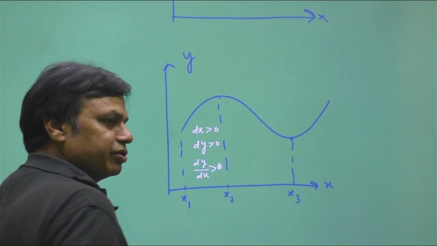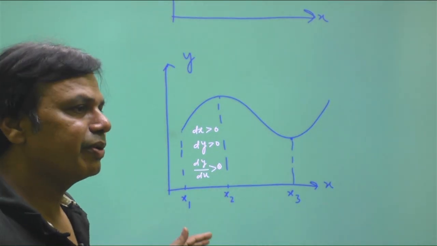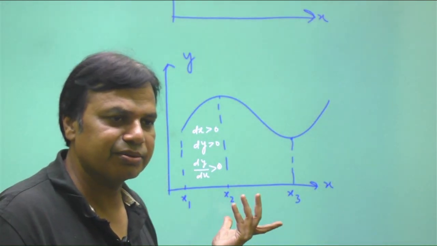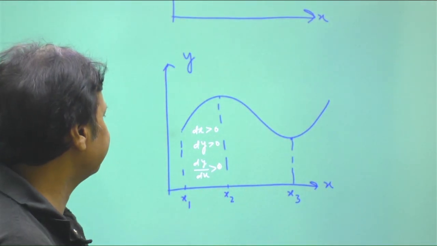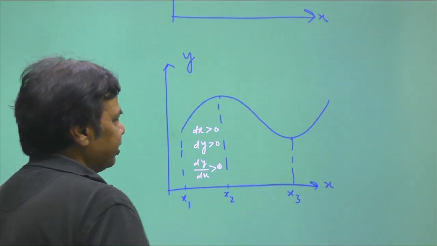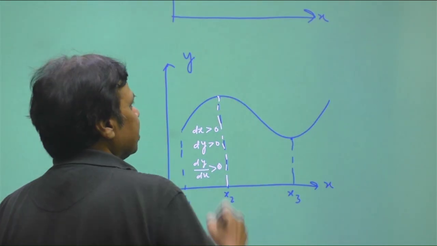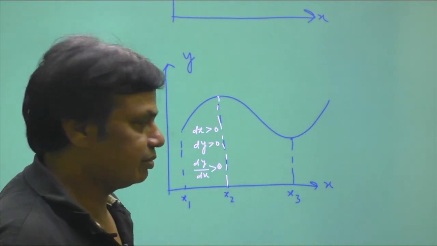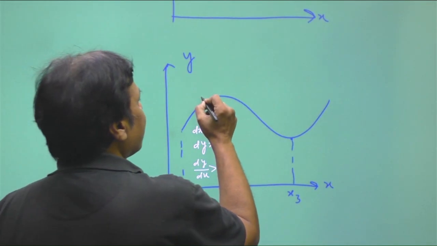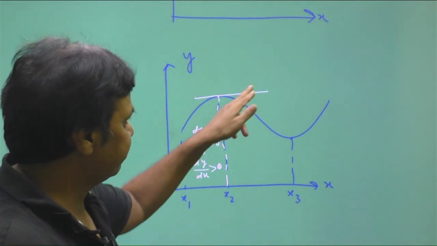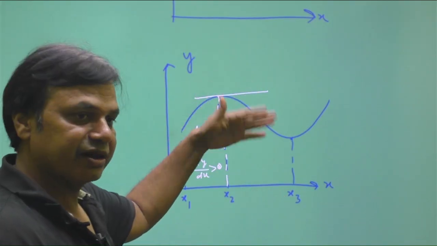This is not the usual way to explain the concept, but I think in this way we can explain it. Now you can see one thing at point x1, at the local maxima. If you try to draw a tangent, it will be like this, and this line is parallel to the x-axis.